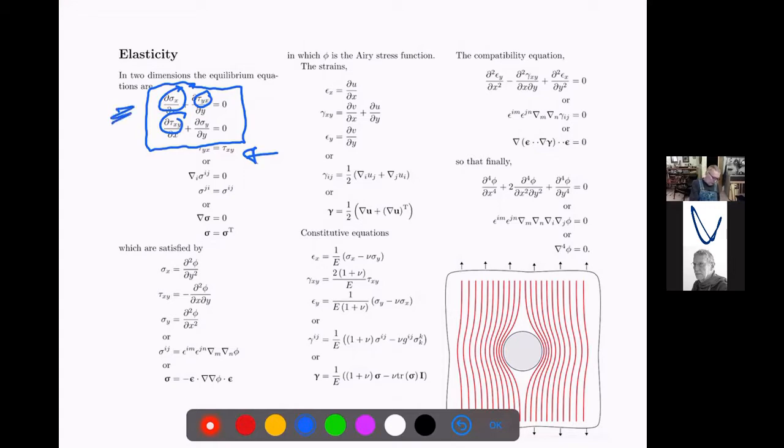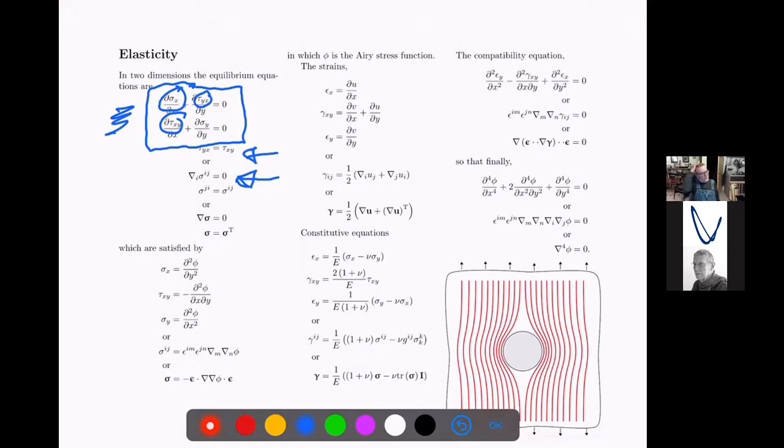So this is in Cartesian coordinates. This here is in curvilinear coordinates. And you can see immediately that the equation is much shorter because it uses the summation convention, which we just mentioned.